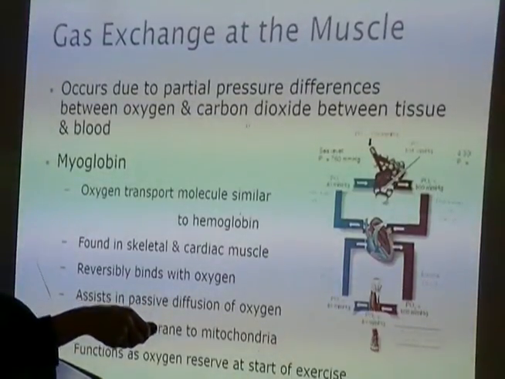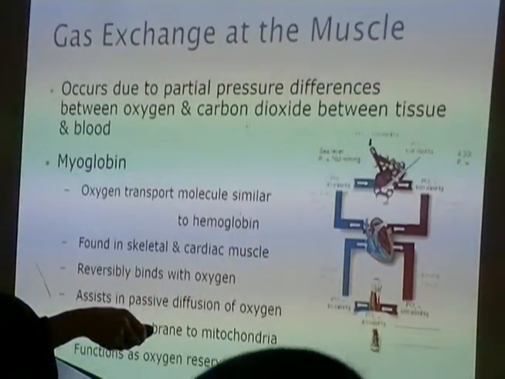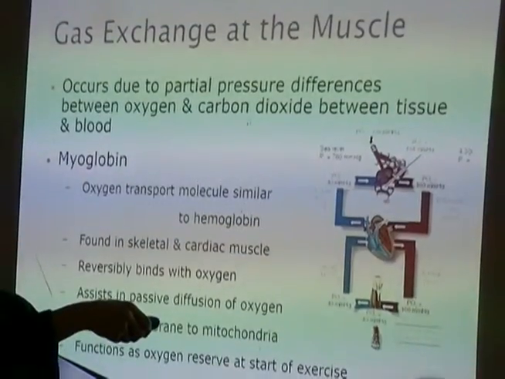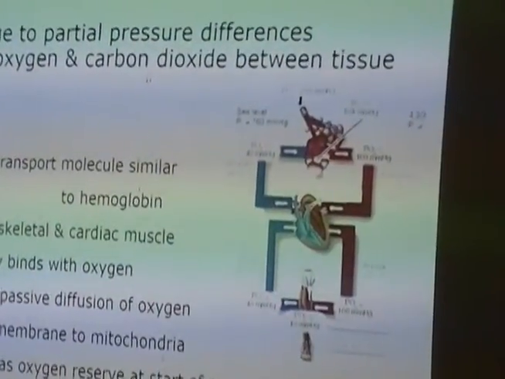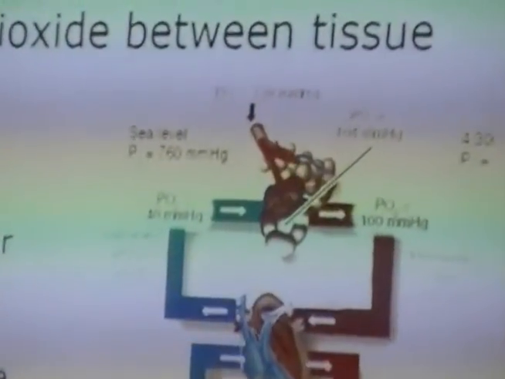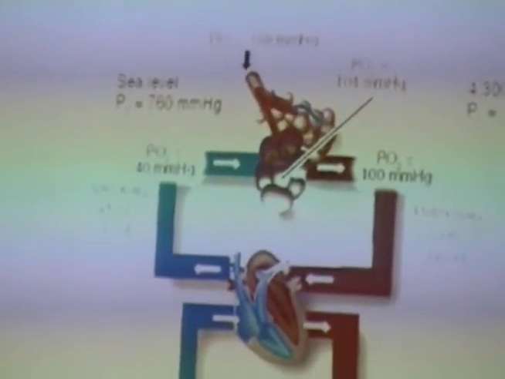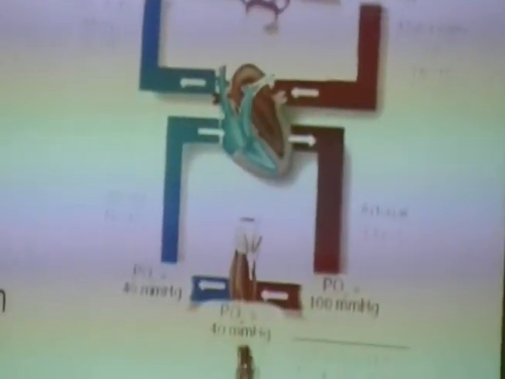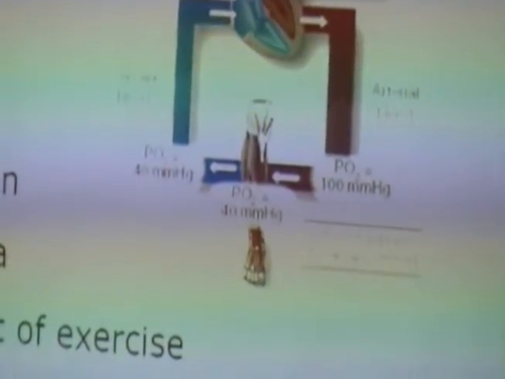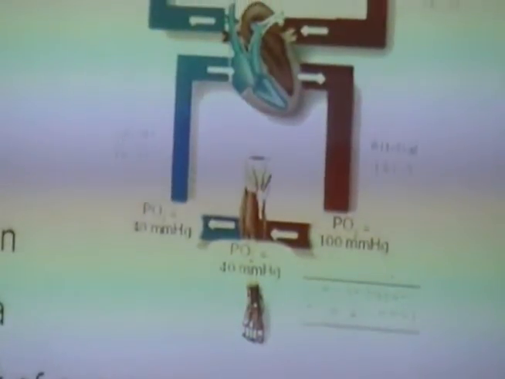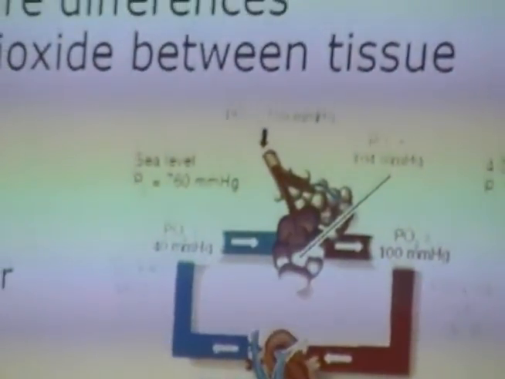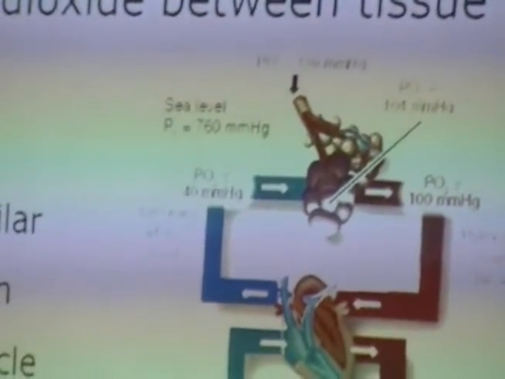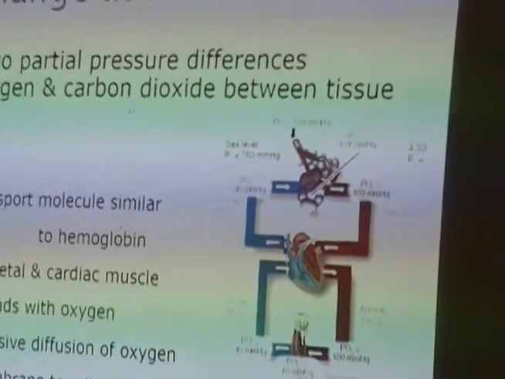My partial pressure in the muscle is pretty low, makes it easy for me to move oxygen out of the bloodstream into the muscle tissue. Then I add the fact that I'm creating heat and I'm creating an acidic environment. Both of those help the oxygen move into the muscle tissue, so we're able to get tons of oxygen.